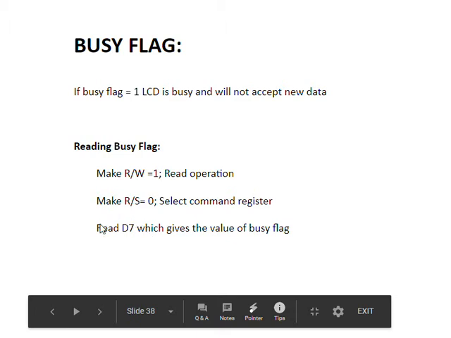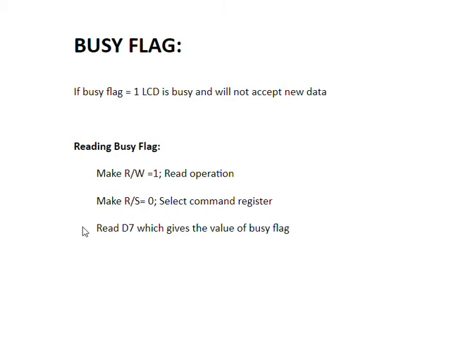So we should read D7, which will give us the value of the busy flag. So once we check D7 and see that it is at logic 0, only then can we send a new data or command to the LCD display. If it is 1, we should wait.